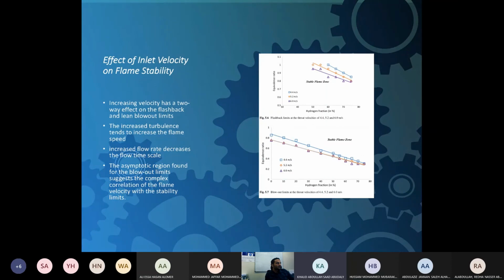The increased turbulence tends to increase the flame speed, and the increased flow rate decreases the flow time scale. The non-monotonic region found for the blowout limits suggests a complex correlation of the flame velocity with the stability limits. The figure on the right, for 3 different velocities, shows the flashback limits and the blowout limits.